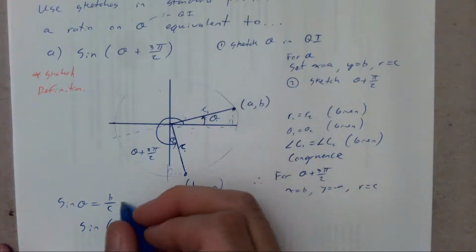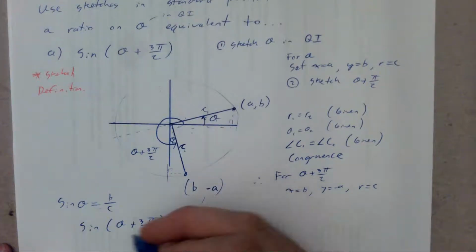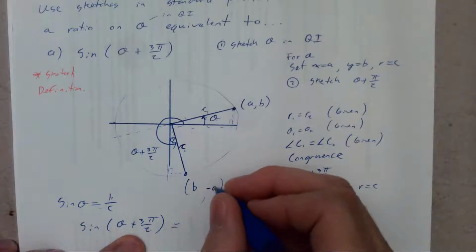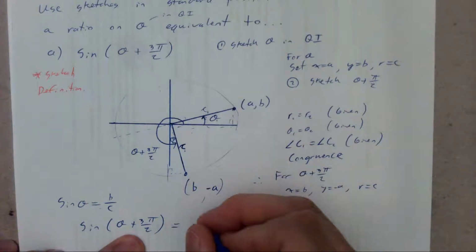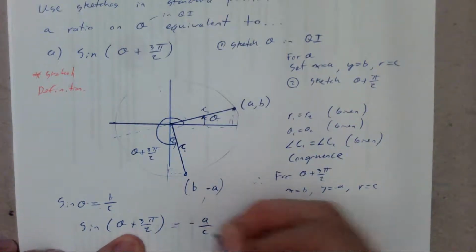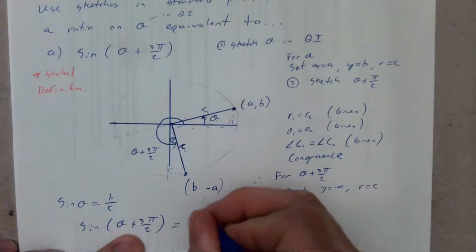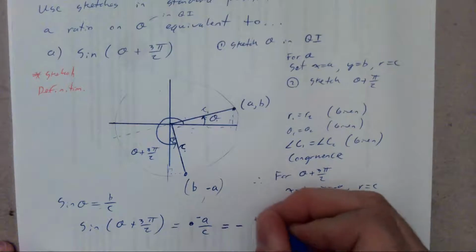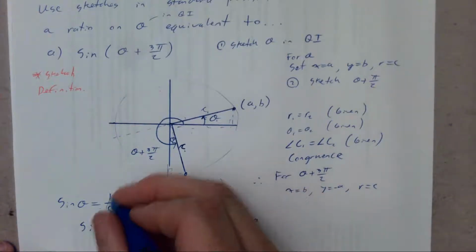Okay, so it turns out this wasn't useful. That's all right. The sine of theta plus 3 pi by 2 is going to be the ratio of its y value to its r value, negative a to c. Let's pull this negative out front here.